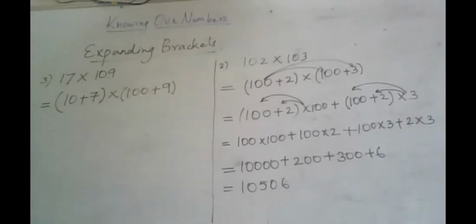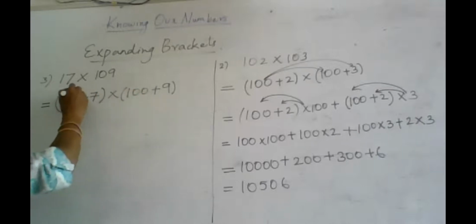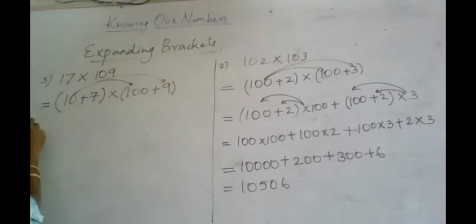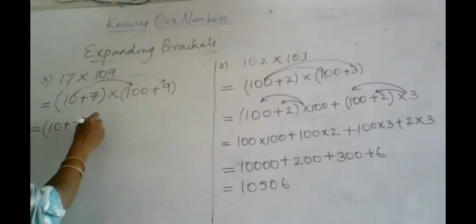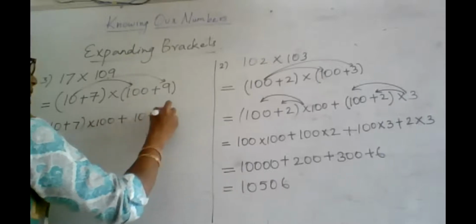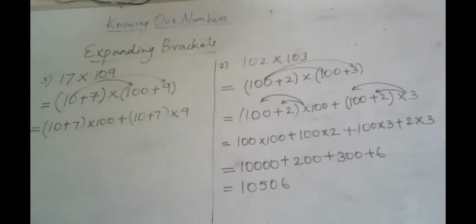Now again, because there are two brackets, this addition will be distributed over the second addition. So this is multiplied with this and again with this. So it will be 10 plus 7 multiplied with 100 plus again 10 plus 7 will be multiplied with 9. So this is how you distribute it.